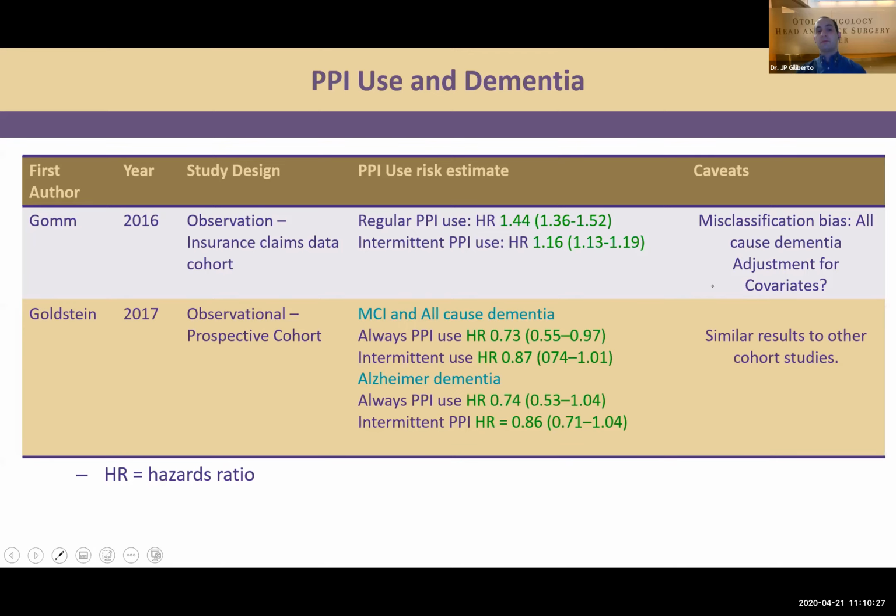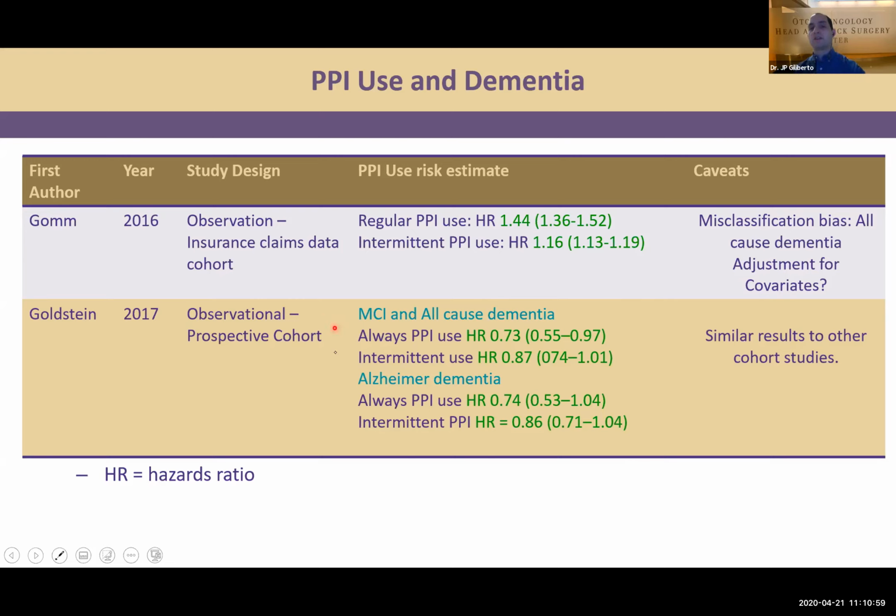So in response to this data, a number of observational prospective cohorts were performed. The best, in my opinion, is the Goldstein et al. study, which looked at Alzheimer's centers across the United States, and they were using regular neuropsychiatric testing to definitively and very accurately diagnose incident cases, which limited the misclassification bias.